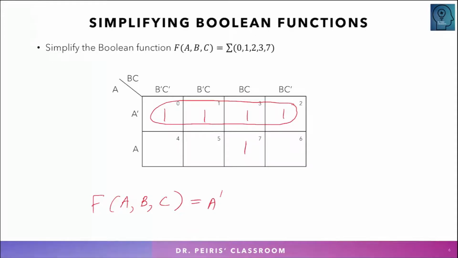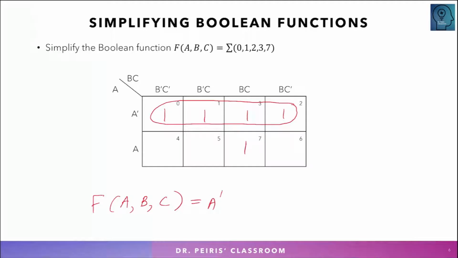Now do we have B or C? Are any letters common for this entire row? If I look at this row, these are all different. These two are B prime, these two are B, which means nothing is common. Same for C: this is C prime, this is C, this is C prime. So there is no common variable for all 4 columns, which means it's only A prime.